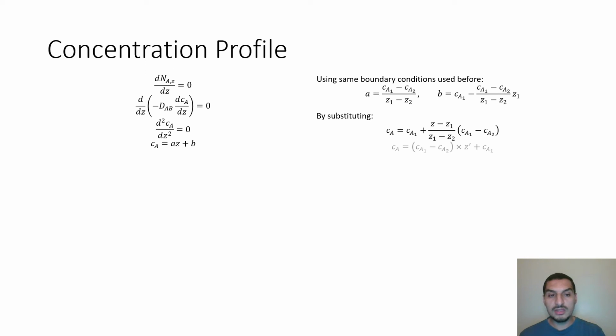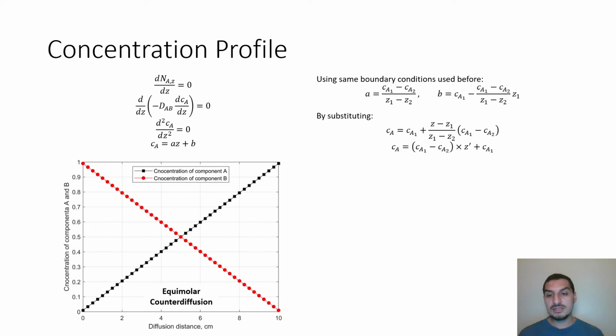Or we can put it in the dimensionless form where Z dash equals this difference, and this is a linear relation because if it's Y equals AX plus B, then this is A, this is X, and this is B. So it's a linear relation between CA and Z dash. If we want to plot it, then this is the profile.